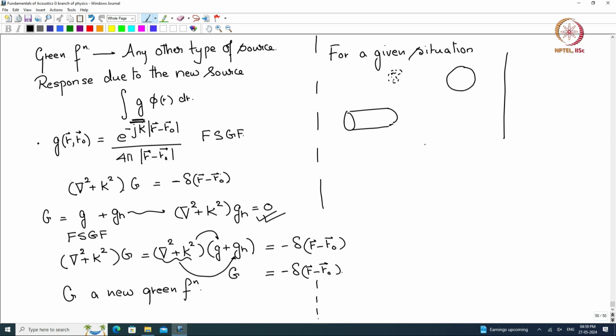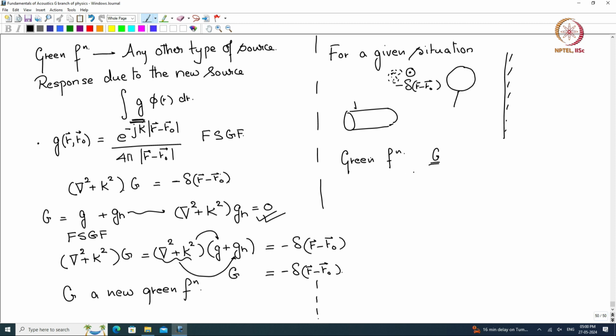For this configuration, if I can find a Green function, that means I put a source somewhere here as minus delta of r minus r0 and find the response in the presence of this cylindrical body and this spherical body and this wall, then that is my new Green function g.